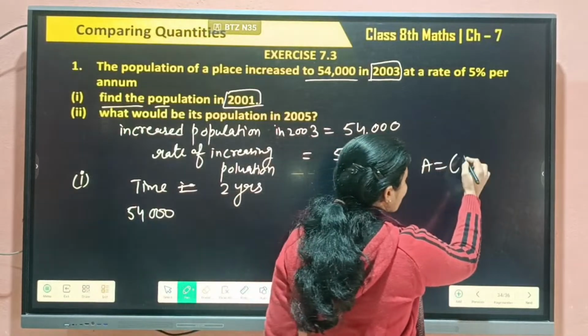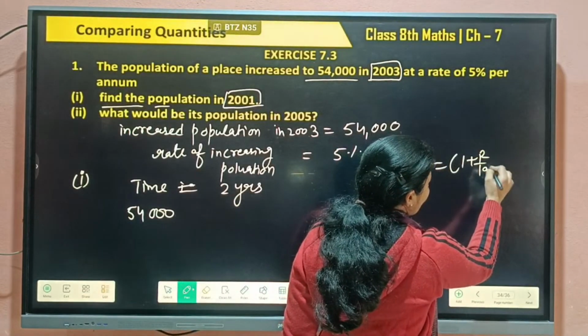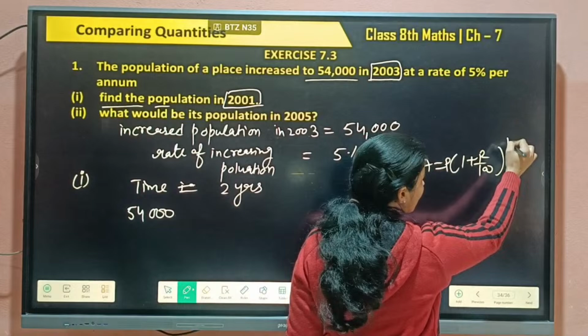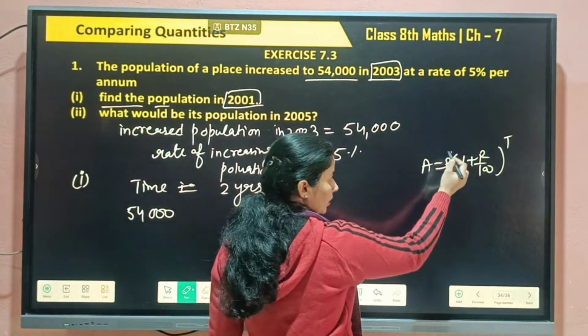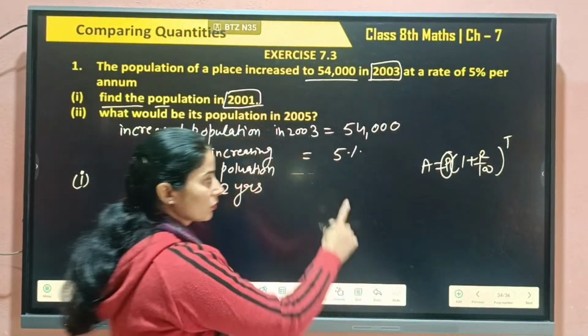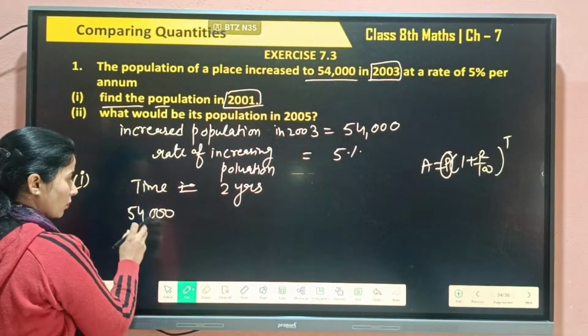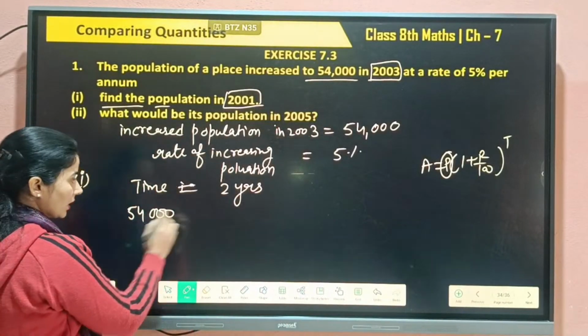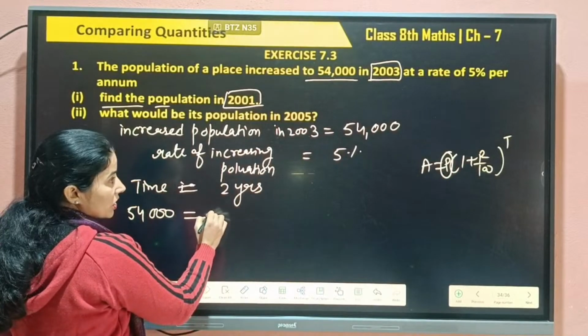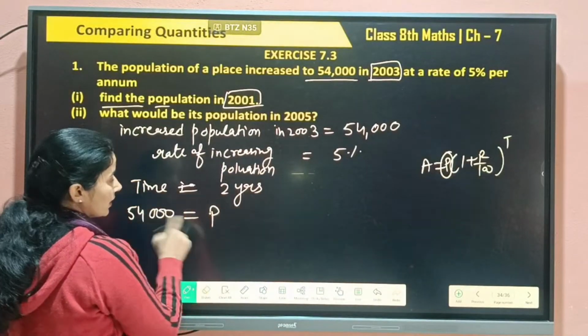Amount formula is P into 1 plus r by 100, its power time. There we need to find out this principal. So how can we find it? This amount, meaning the population in 2003, is equal to the population in 2001.